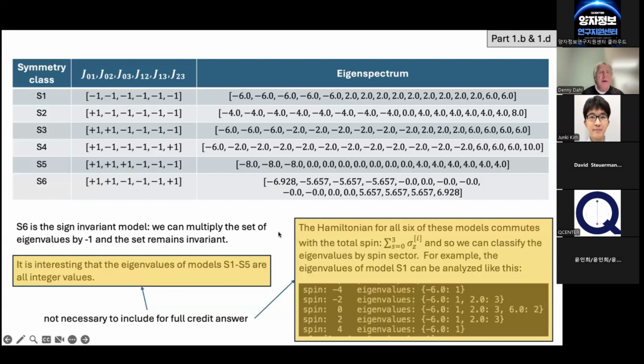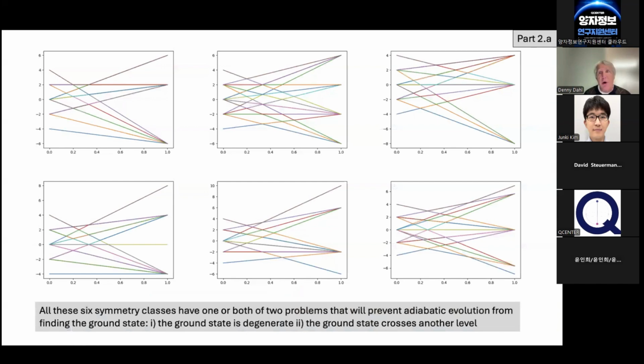Now, these graphs are from part 2A. What I'm asking you to do in this part is a so-called adiabatic evolution. What that means is that we imagine that we've got a time degree of freedom here. At the beginning of our system, we have a very simple Hamiltonian.